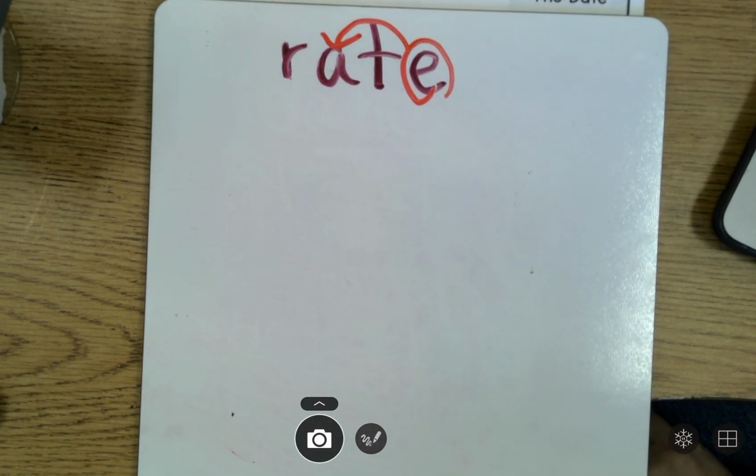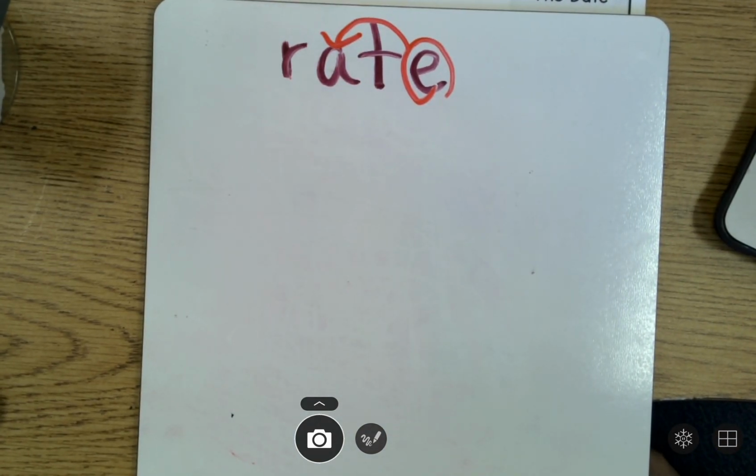So what do you think it would be now? Try it out. Rate. I rate the movie a 10 out of 10. Okay. So let's get moving and read the date.